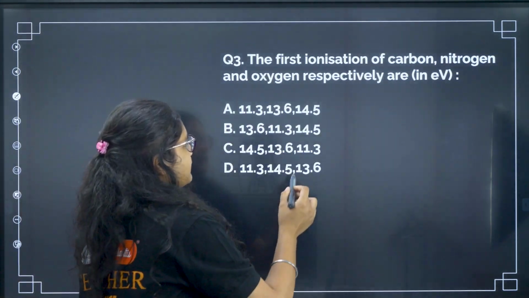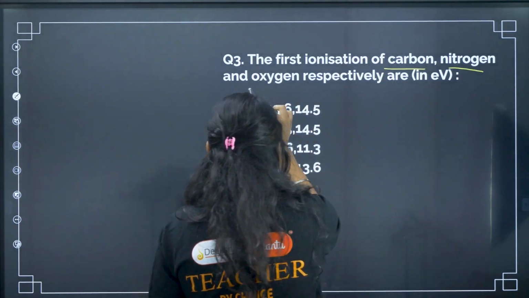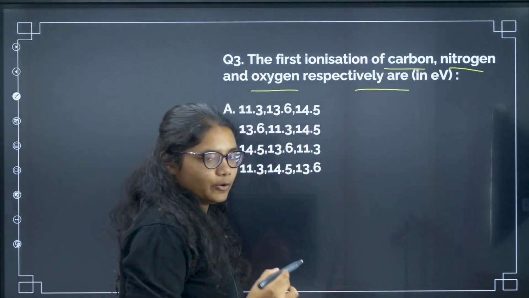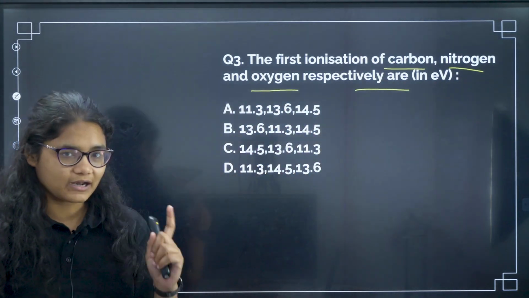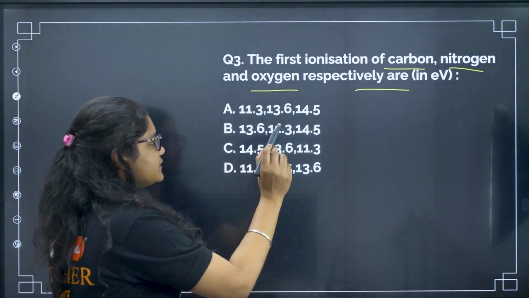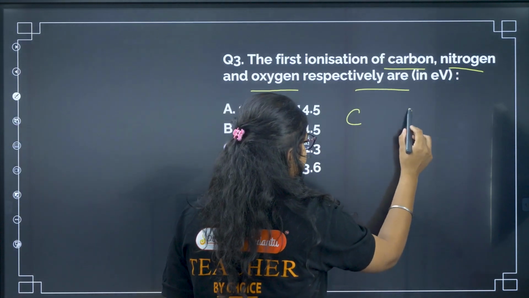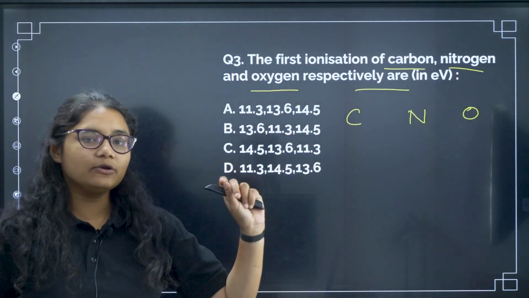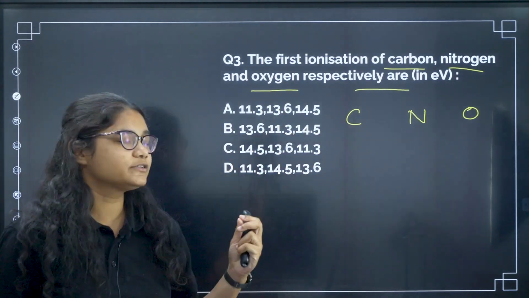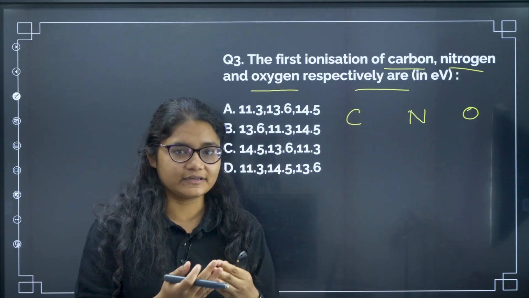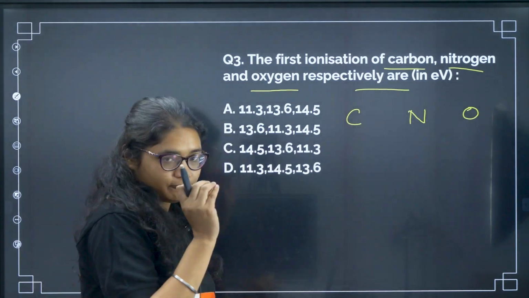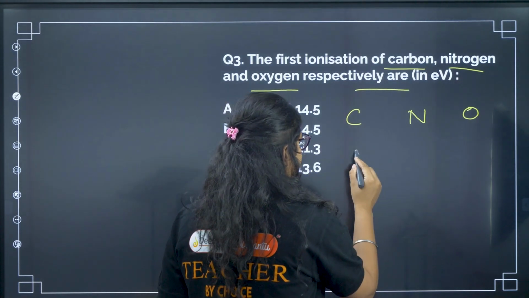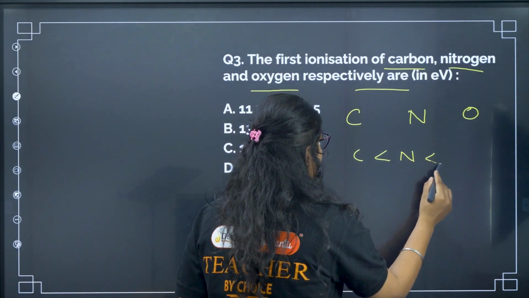Next, the first ionization enthalpies of carbon, nitrogen and oxygen respectively are. Okay, so this is an important question from the classification of elements. So first let us see what is the position of carbon, nitrogen and oxygen, right? They are along the period. And we know along the period the ionization energy increases, right? So the expected order should be carbon, then nitrogen and then oxygen.